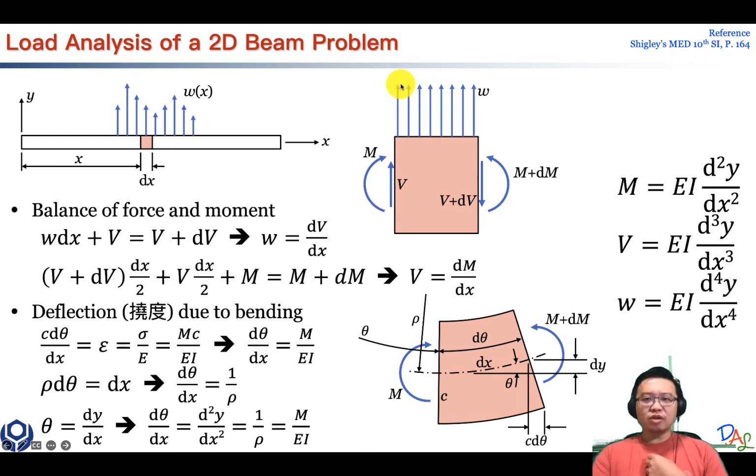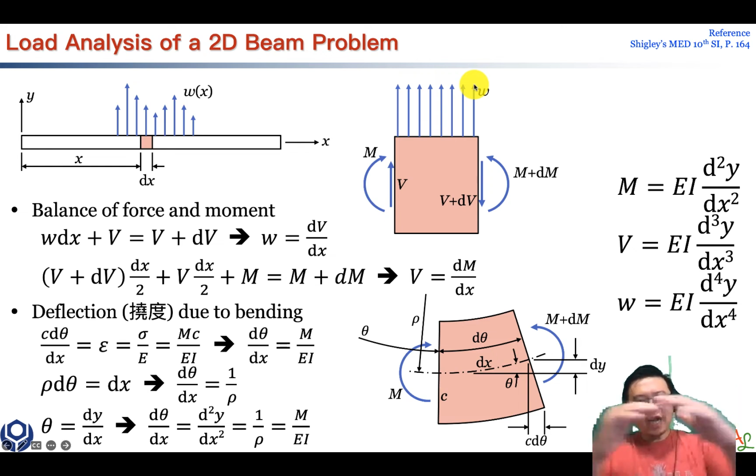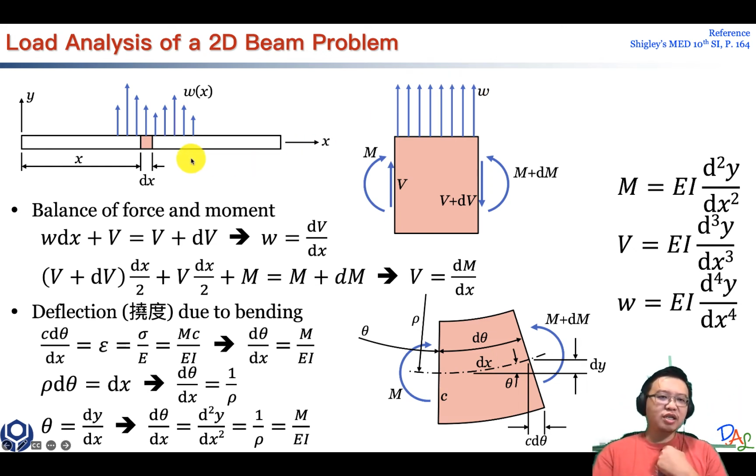But how come over here there's no difference? How come it's flat? Because we are analyzing a very, very small portion with a very thin width. So we assume at the top, this distributed load has the same magnitude. This is a very thin, small cut.